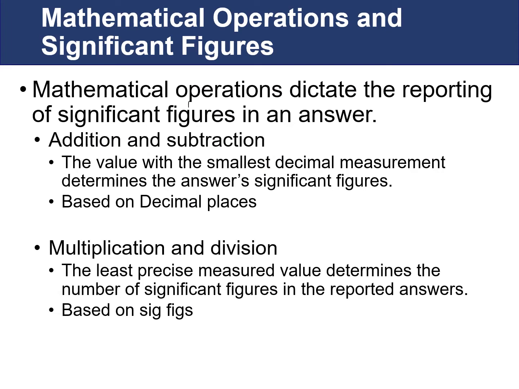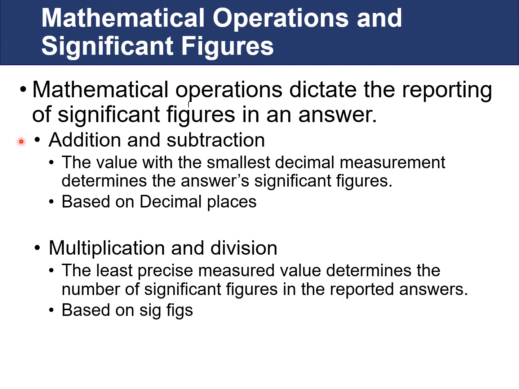So there are two essential types of mathematical manipulations that we will be doing in this semester's work. And the type of mathematical operation that you're doing dictates the reporting of significant figures in an answer. If we're working with addition or subtraction, the value with the smallest decimal measurement determines the answer's significant figures.